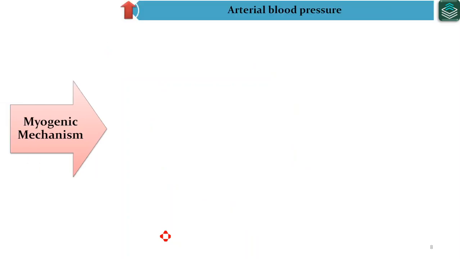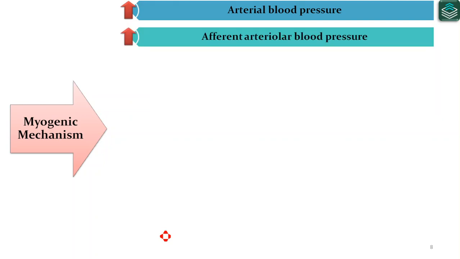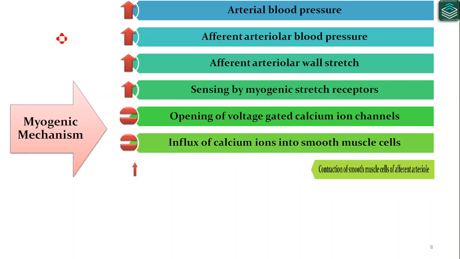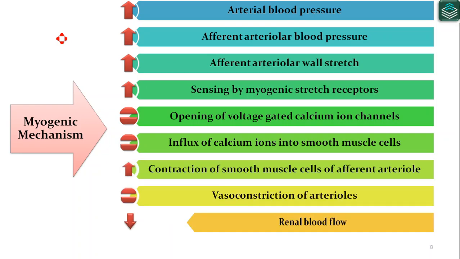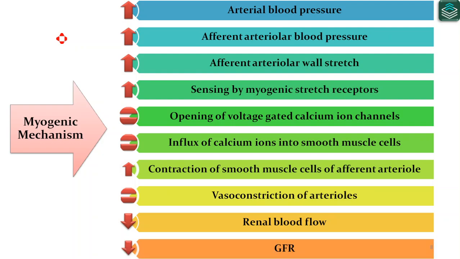If there is an increase in arterial blood pressure, the afferent arteriolar wall will stretch, sensed by myogenic stretch receptors. This will open voltage-gated calcium ion channels, causing influx of calcium ions into the smooth muscle cells, which increases contraction of smooth muscle cells of the arterioles, causing vasoconstriction, because of which renal blood flow will decrease and GFR will decrease.